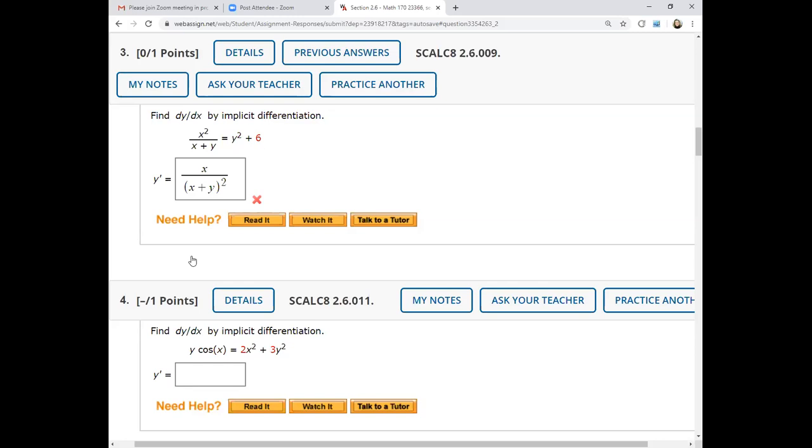So it says y cosine x is equal to 2x squared plus 3y squared. Okay, so then you multiply to get your derivative on the left, product rule. So it's derivative of the second function.